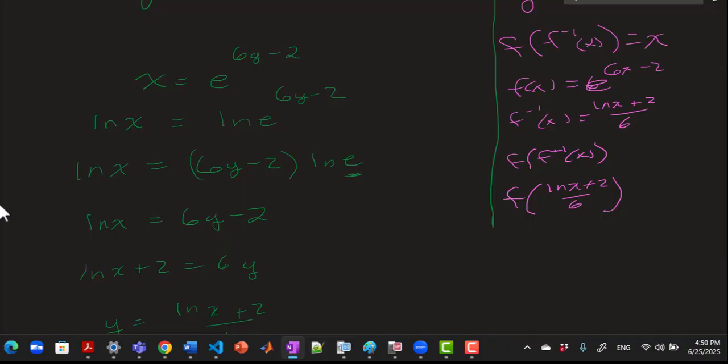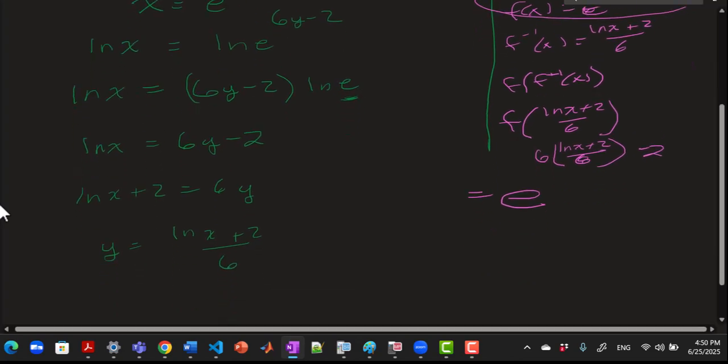So this equals, I'm going to take f, which is right here, and replace x with natural log x plus 2 over 6. This is e to the 6, and instead of x, I'll have natural log x plus 2 over 6, that's over 6 minus 2.